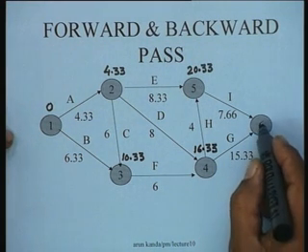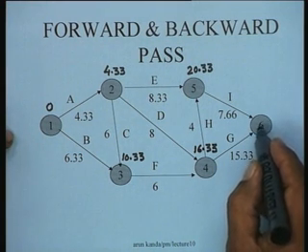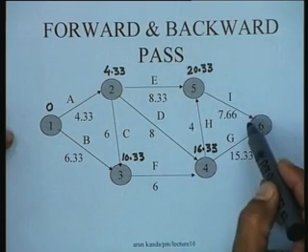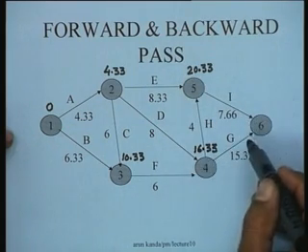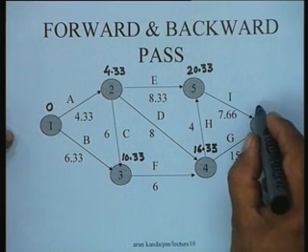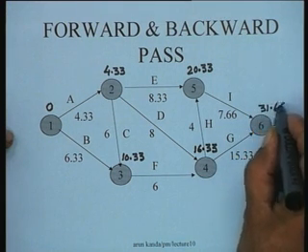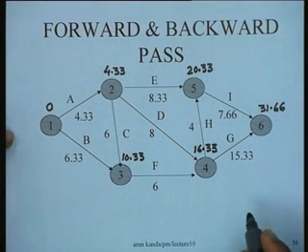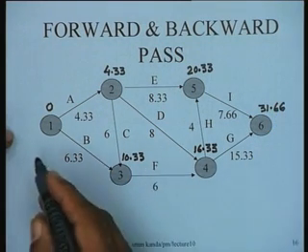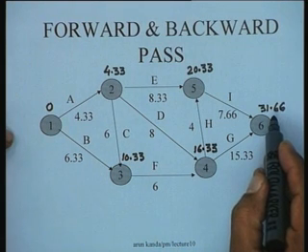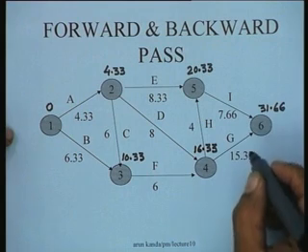Subsequently, when you come to node 6, the values that you will get from this side are something like 28, whereas if you go from here you would get a value of 31.66. So the project expected completion time is 31.66. That is one thing. And in fact we can do a backward pass also.